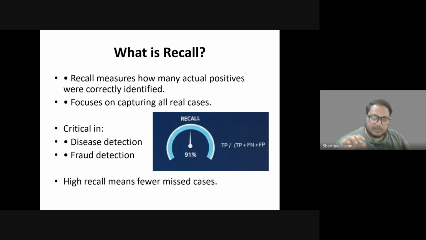And some part which was predicted negative but is actually positive, that is false negative. Is that clear? You can give a thumbs up if this is clear to you all.